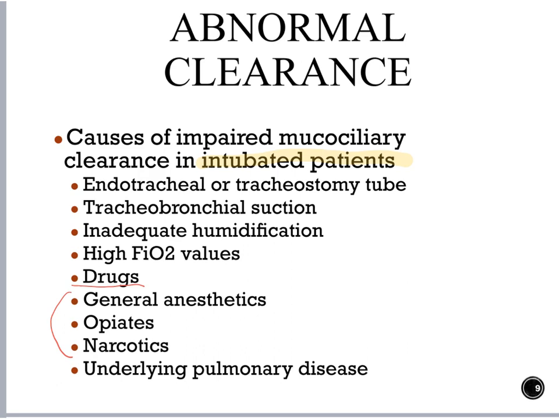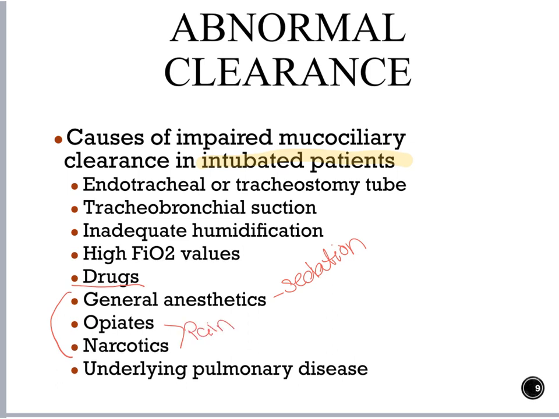Okay, so while a patient is on the vent, they're going to have general anesthetics, so sedation, and this is so they can better synchronize with the vent, and it causes amnesia-like effects as well, so they're not going crazy. Opiates and narcotics for pain.